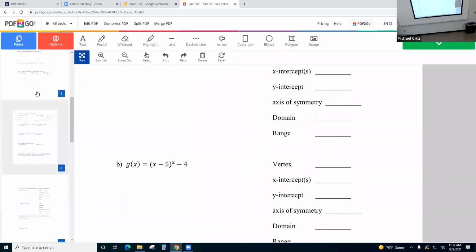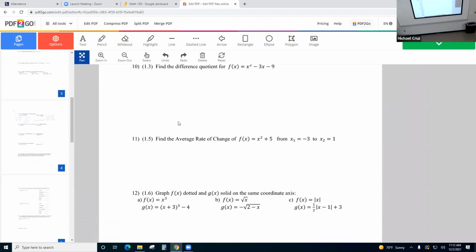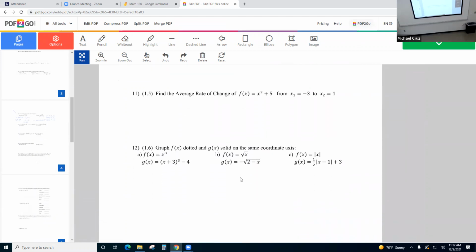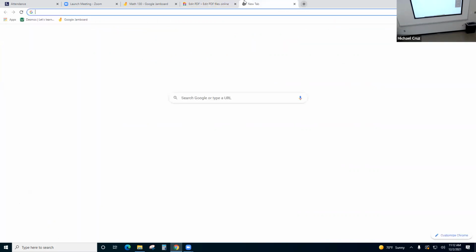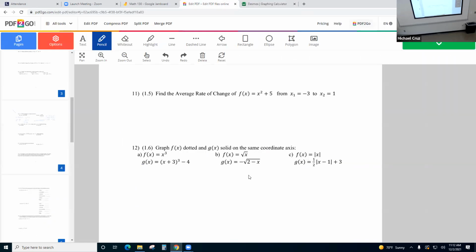It was like G. I neglected to say something, and I'll just show you on the graph real quick. So it's this one right here that was the issue.